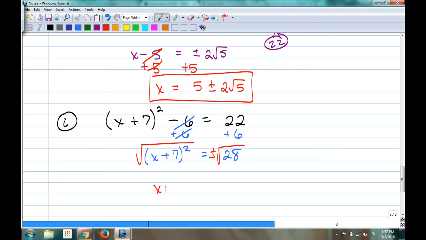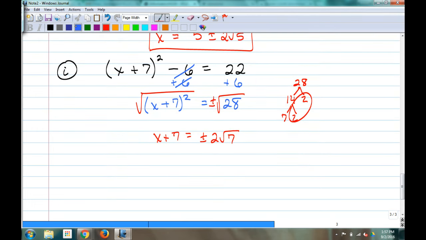So that's x plus 7 is equal to, now I need to break down the 28. 14 and 2, 7 and 2, there's a pair of 2's. 2 radical 7. Then how do I get x by itself? Last step. Very good. Subtract the 7. That's going to be negative 7 plus or minus 2 radical 7.